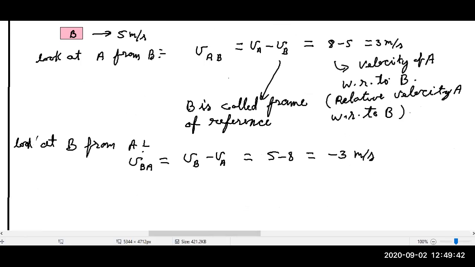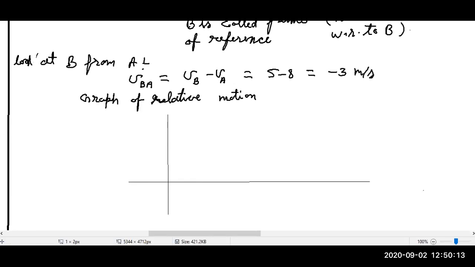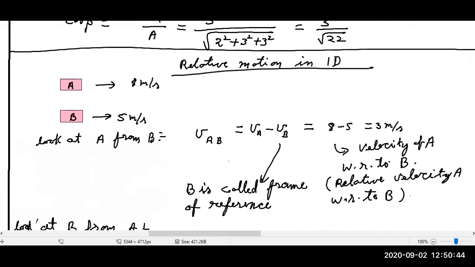And so here, in this case, suppose, see, B is having slower velocity, so B will be having lesser slope.